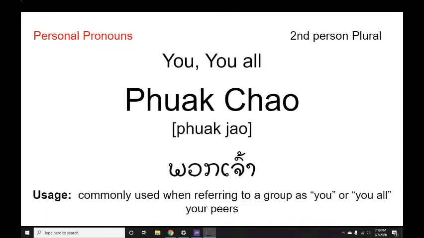And is commonly used when referring to a group of you with your peers. Okay? Again, it's a group of your peers as you all. Chow is the familiar way of saying you. So to say all of you or you all, a familiar group that you know, it would be puak chow.